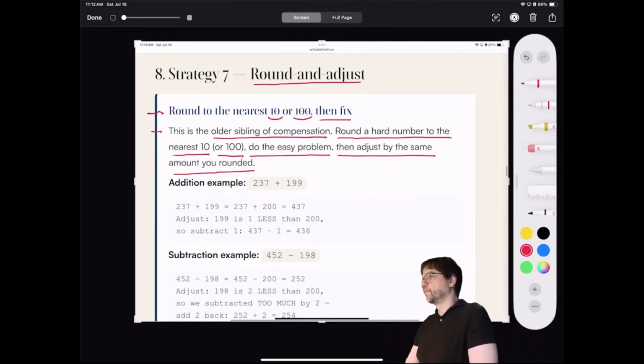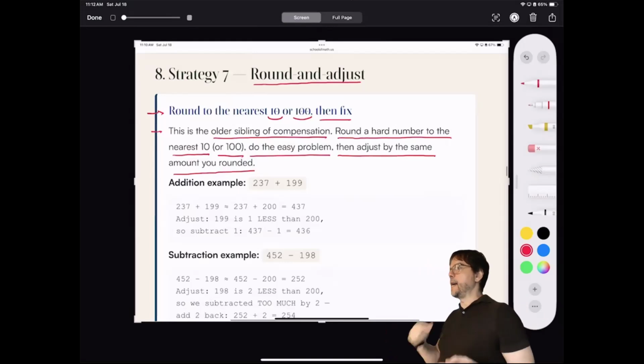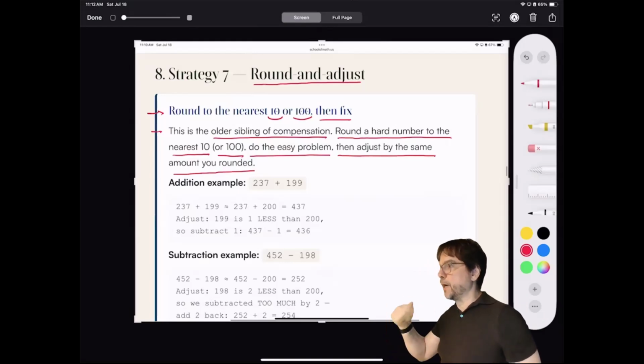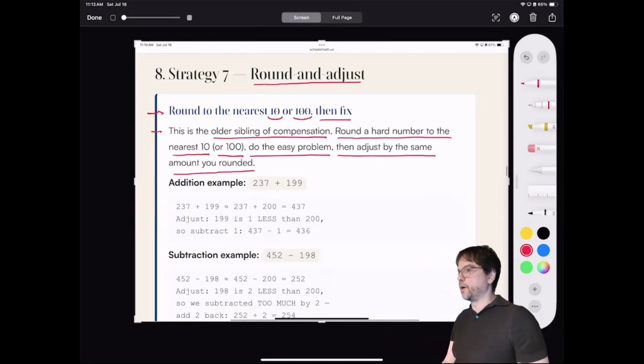237 plus 200 is 437. I added 1, from 199 to 200. What do you do now with 437?